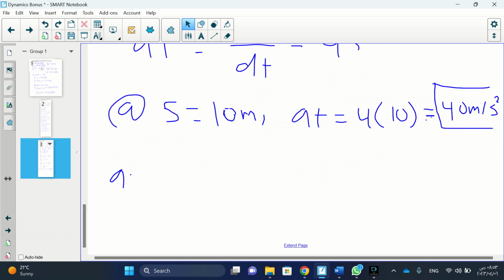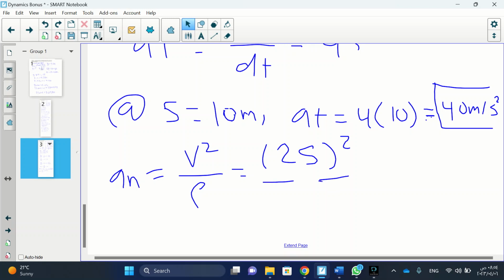A normal is easy. A normal is equal to v square over rho, and we know that v is 2s, right? So we say (2s) square over, we know that rho is equal to 50, right?